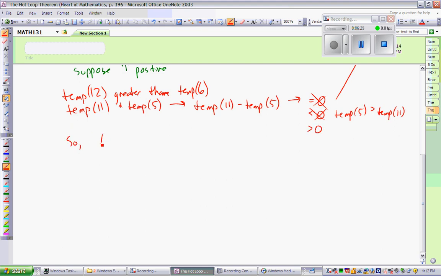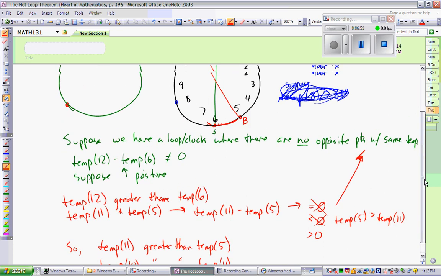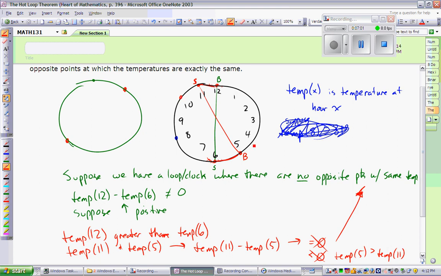So temp 11 is greater than temp 5. Unless we have a contradiction, it has to be greater. Similarly, temp 10 has to be greater than temp 4. Same reasoning. Let's do 10 and 4.